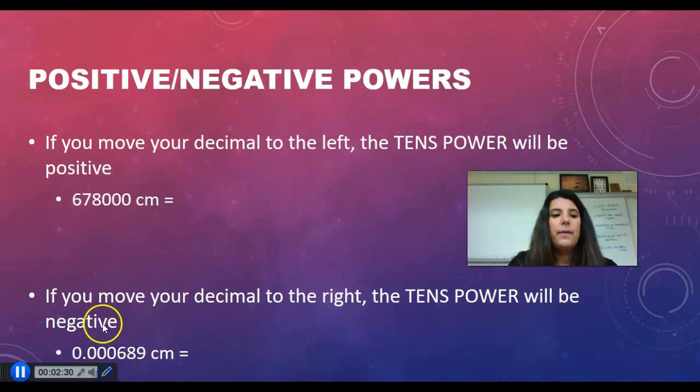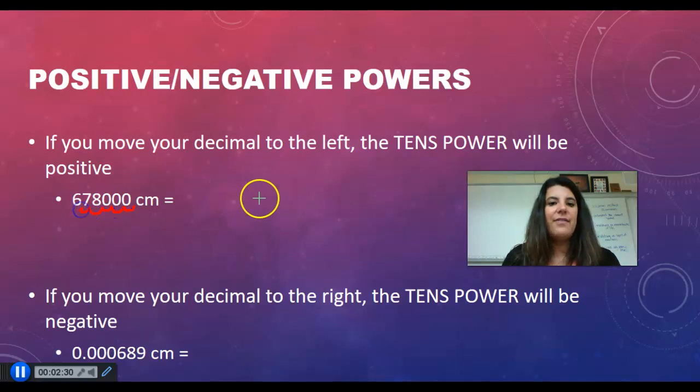So if we are writing this in scientific notation, we move it to the left, 1, 2, 3, 4, 5, so we know that our power of 10 is going to be 5. Because we moved it to the left, this 5 is positive. And the 2 numbers would be 6.7. So 6.75 times 10 to the 5th centimeters.